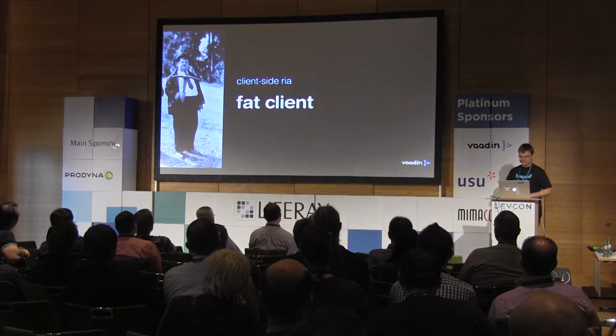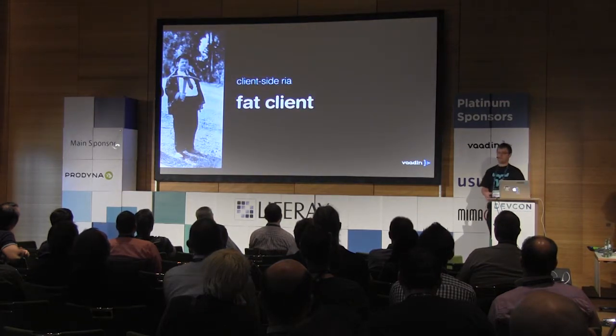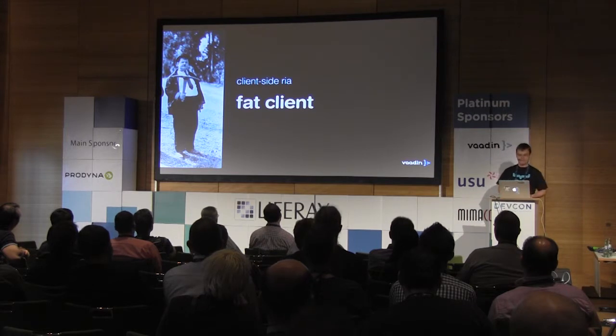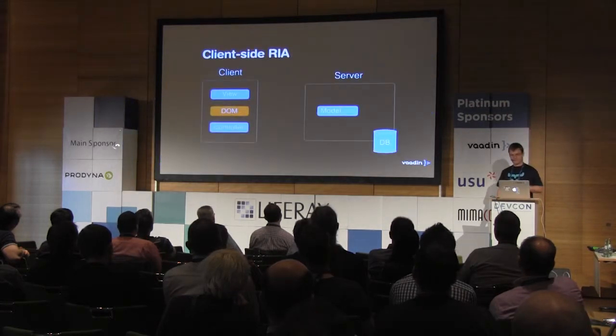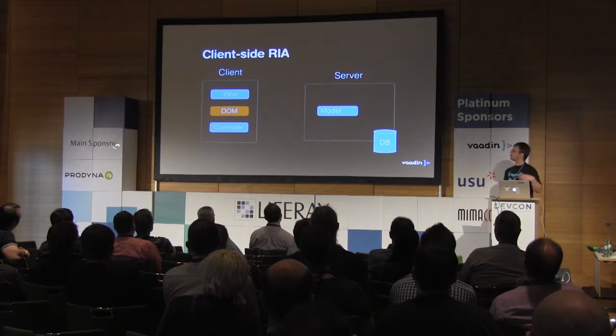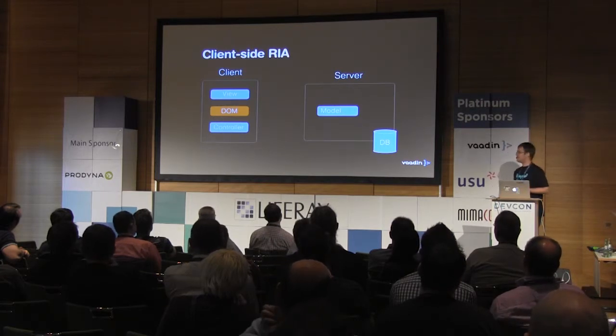Okay, then the AJAX era came, and we started doing rich internet applications. The first approach that was very common and still is, is the so-called fat client approach. So we have the view and the controller on the client side.